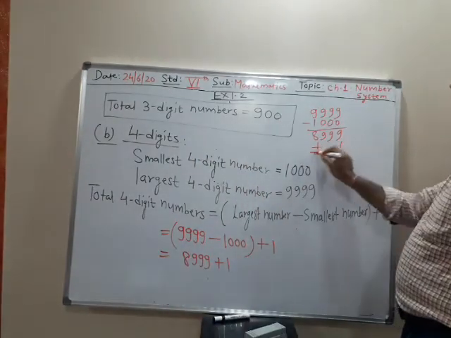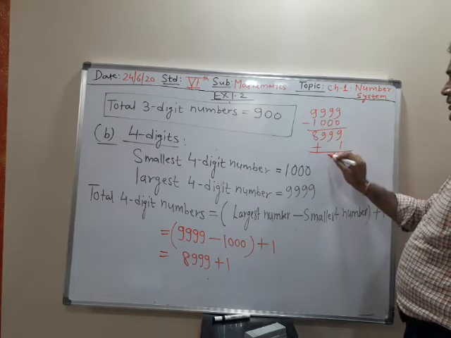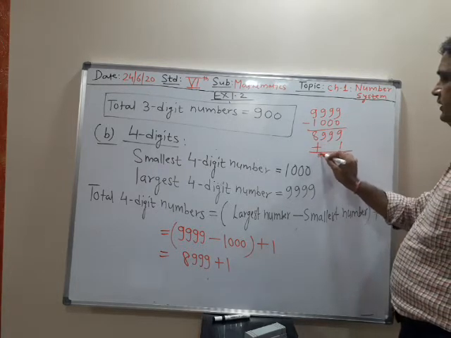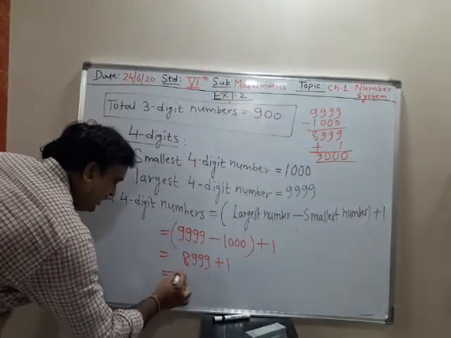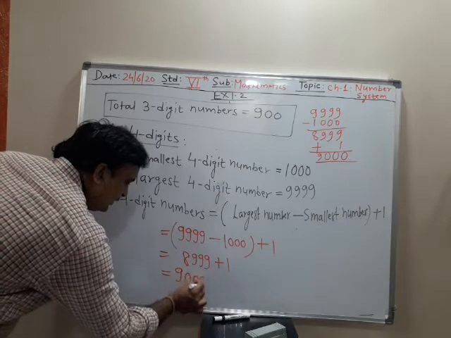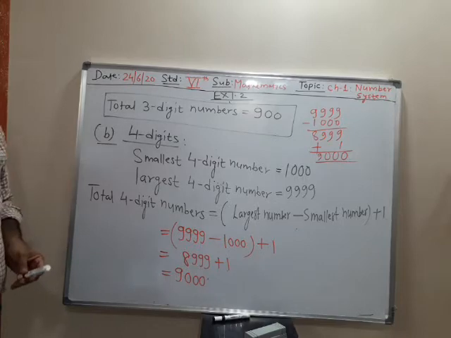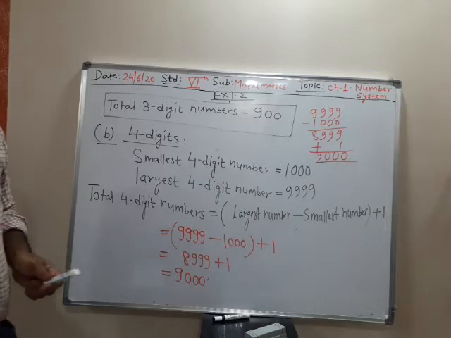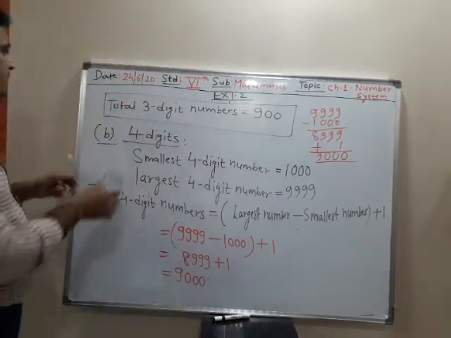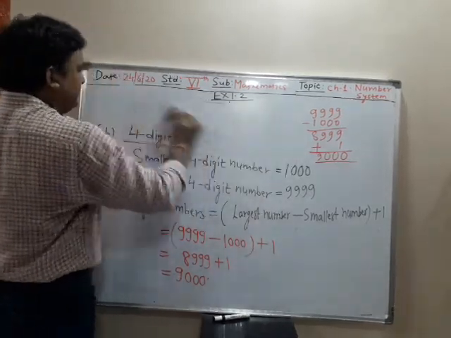Plus 1: 9 plus 1 is 10, 9 plus 1 is 10, 8 plus 1 is 9. So that is 9,000. Total there are 9,000 4-digit numbers. So we write total 4-digit numbers are 9,000.